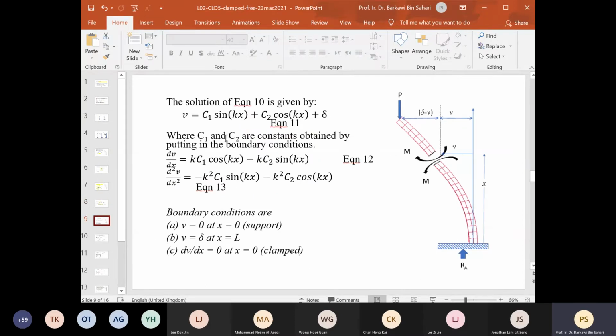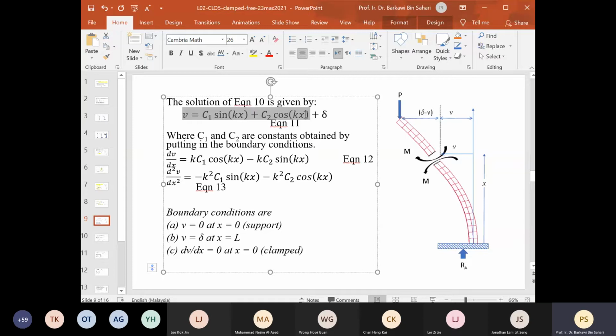The proof of this you have to check with the mathematics books. So the solution is V equal to C1 sine kx plus C2 cos kx as the complementary function, and delta as the particular integral.